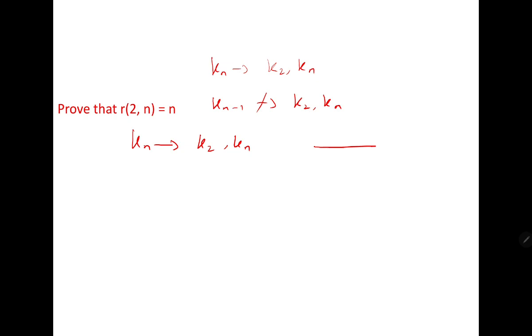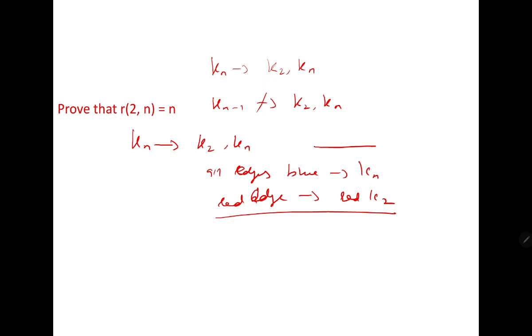If I color all edges blue, then I have a blue K_n. And if I do not color all edges blue, it means at least one edge is red. That red edge gives me a red K2. So that's why it's very trivial.